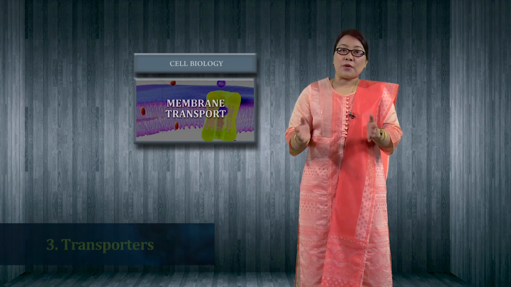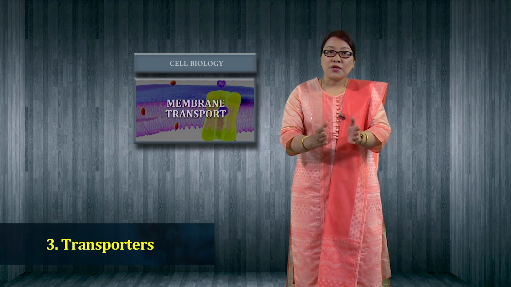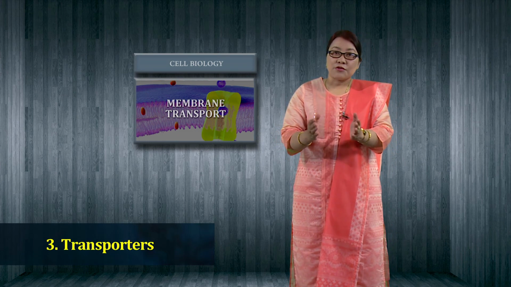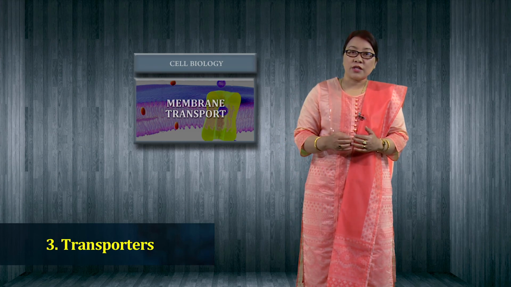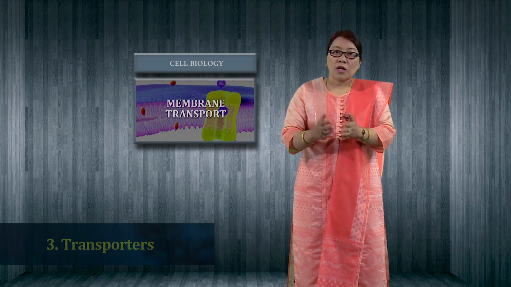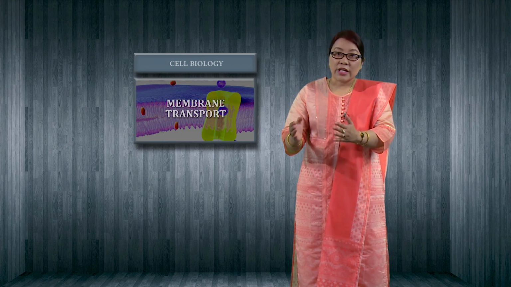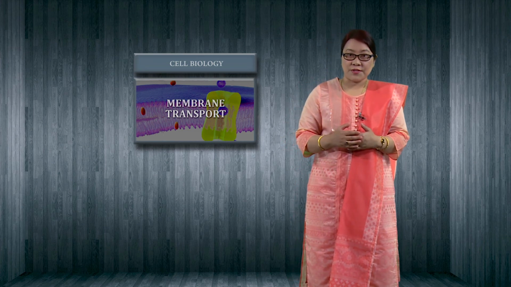The next group are the transporters. These are membrane transport proteins that transport ions and molecules across cell membranes, usually one or a few at a time with an average rate of about 10 to the power 2 to 10 to the power 4 molecules.